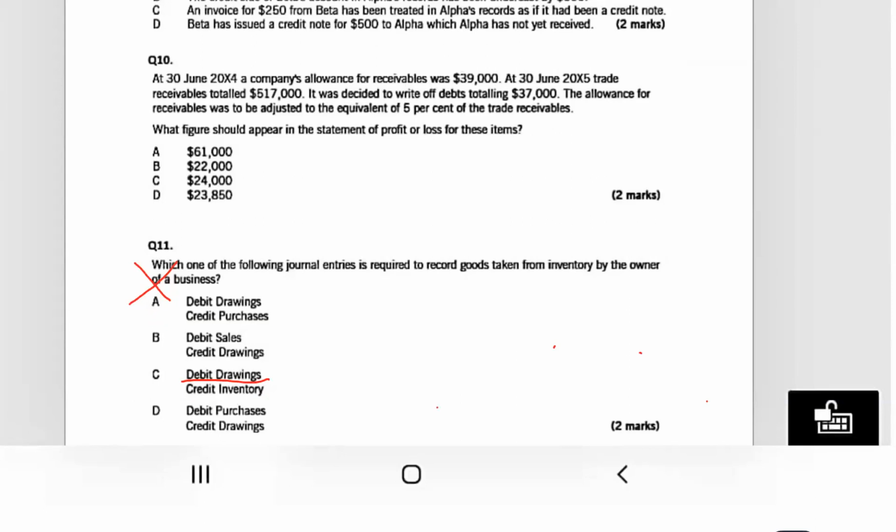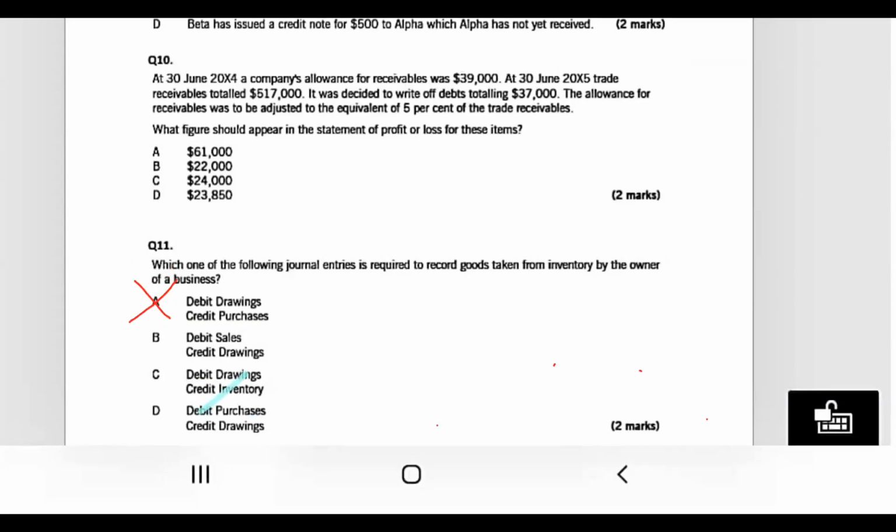Okay. Let me start asking questions like, what is the journal entry? What's the difference between inventory and purchases? Maybe I should start asking like that. Any difference?